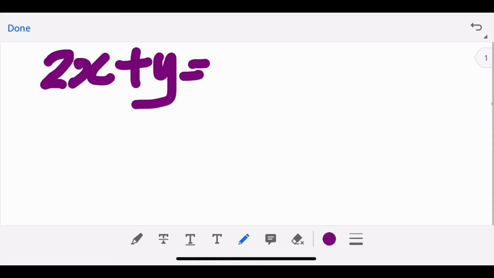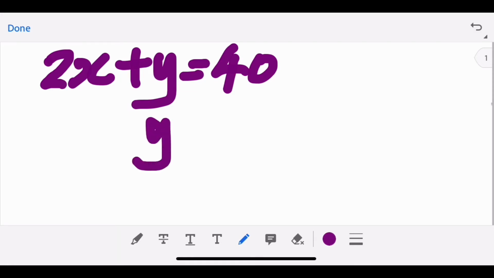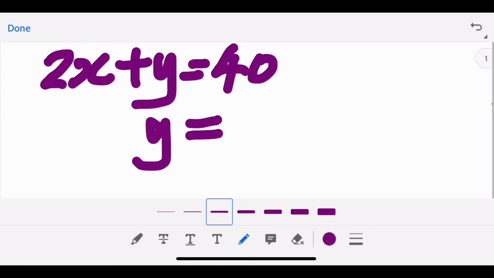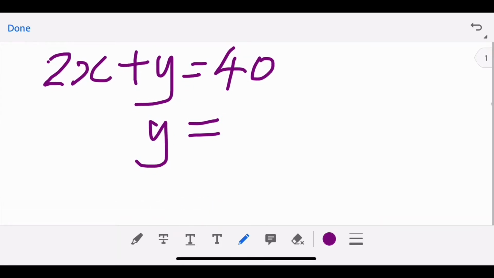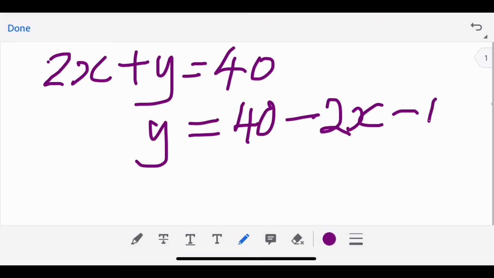So let's see, you have 2x plus y equal to 40. I prefer to use substitution, so my y is 40 minus 2x. This is so-called expressing y in terms of x. Later, when I see y, I will substitute 40 minus 2x.